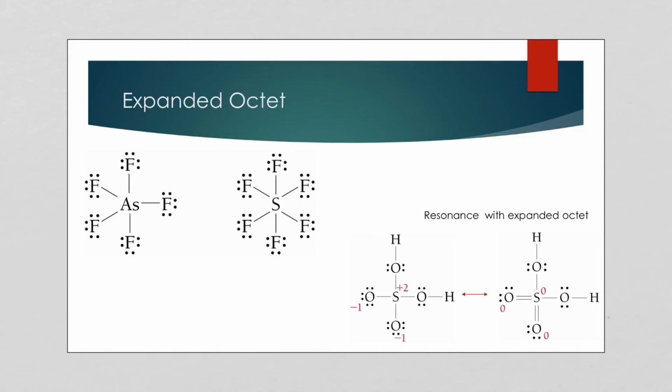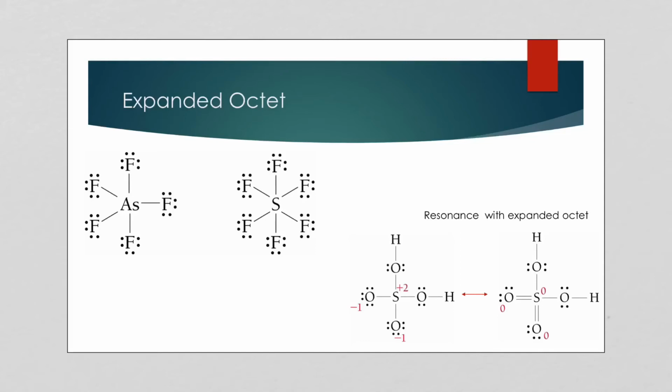So we start getting into compounds that have more than 4 things bonded to it. We start getting into things that have 5 and 6. So hexavalent or 6 bonds is going to be the most that we're going to see. But in order to make those complexes, of course, you have to have more than 8 electrons around the central atom. In this case, you have to have 10 or 12. So we have to expand.